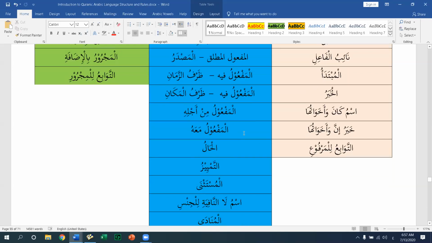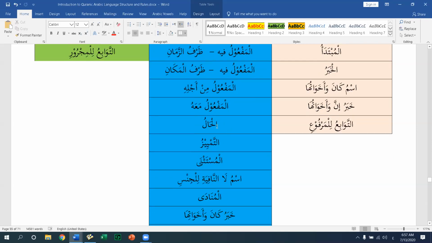Al-maf'ulu min ajlihi, the thing that is the reasoning for the action, behind the action. Al-maf'ulu ma'ahu, the maf'ul with it. We'll explain that. Al-hal, the circumstances.